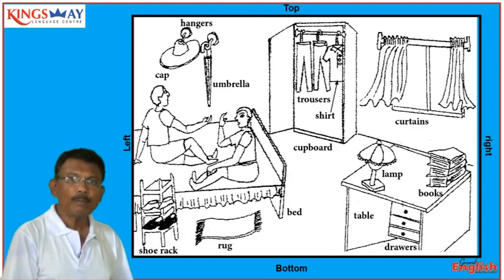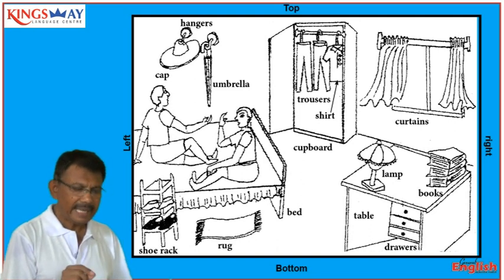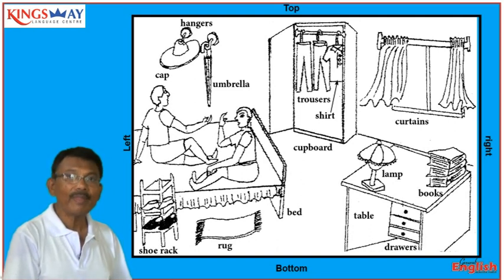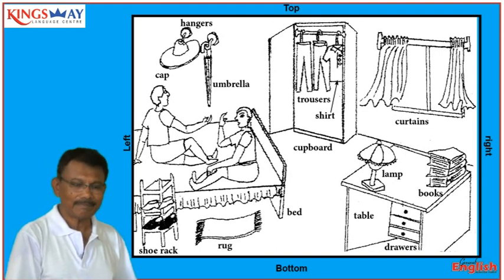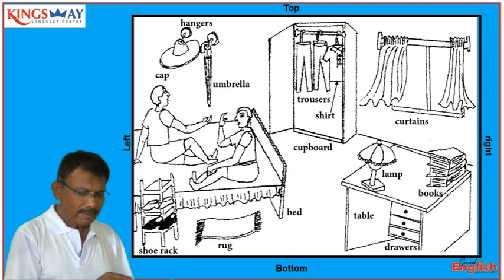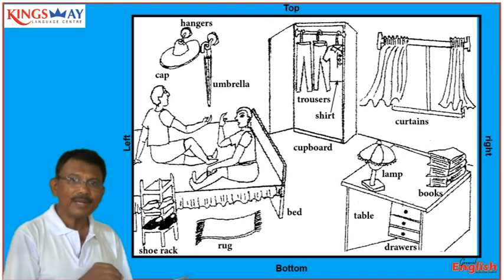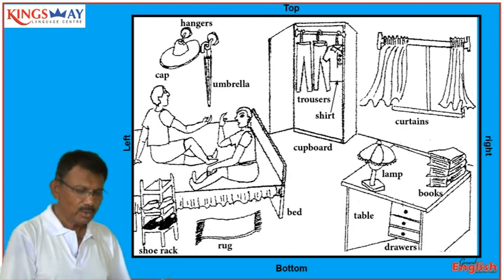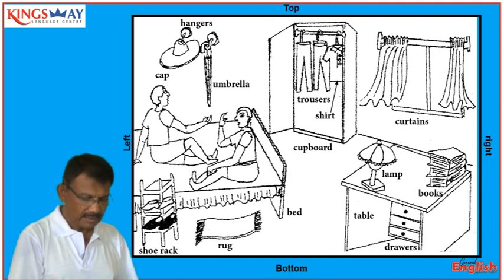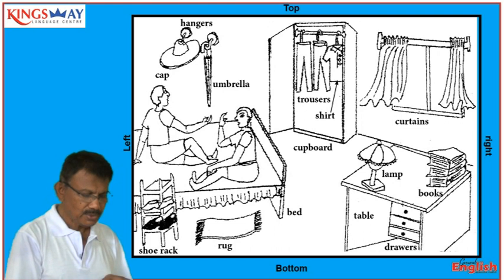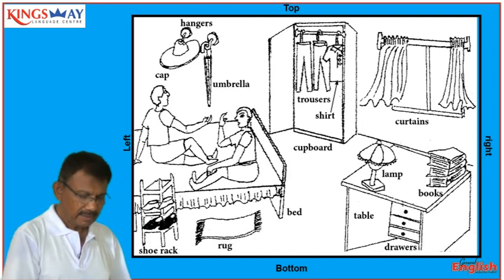There are two boys on the bed and they are sitting on the bed. They are talking. Then at the extreme left hand side bottom corner, you can see a shoe rack also. You can see a shoe rack. Can you see it? There are some shoes also on the rack.